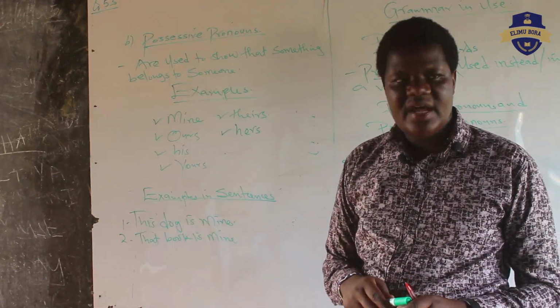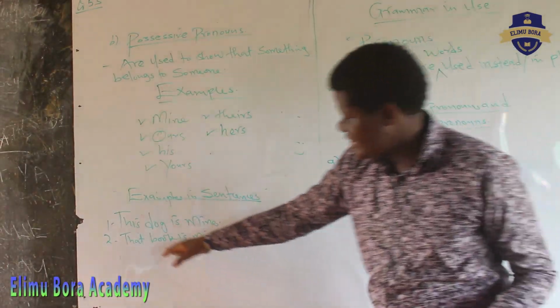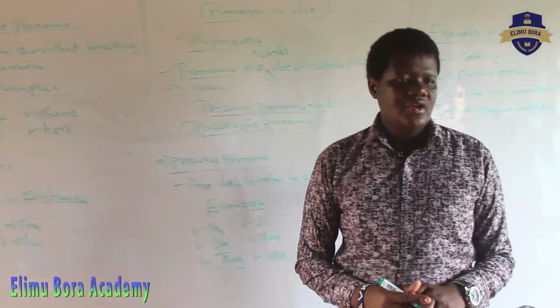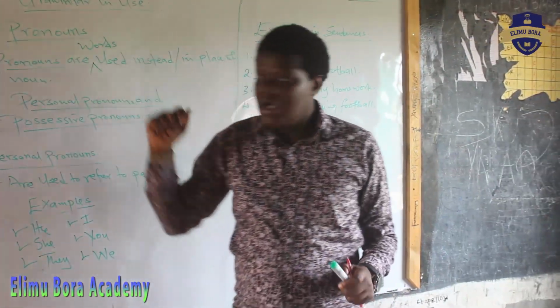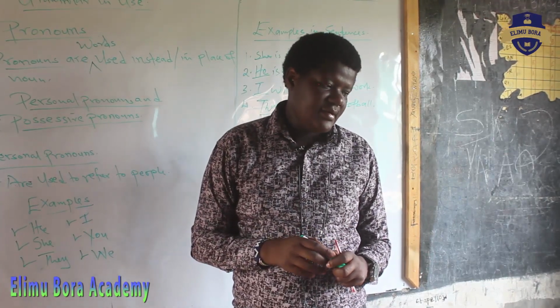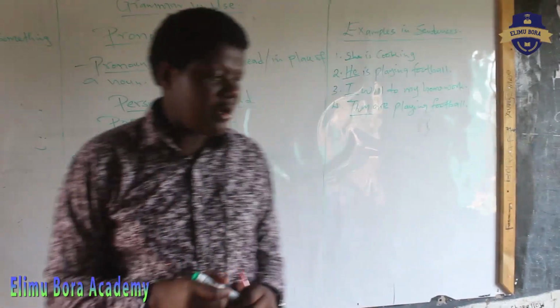This book is mine. I've said let us use another one apart from mine. Because there's this dog is mine, that book is mine, this book is mine. You only talk about mine, not even about ours. Those book is ours.